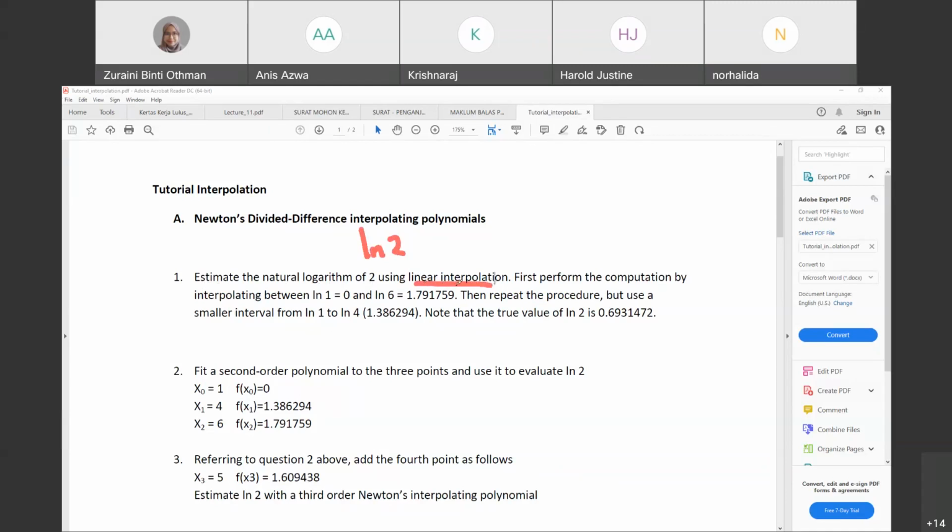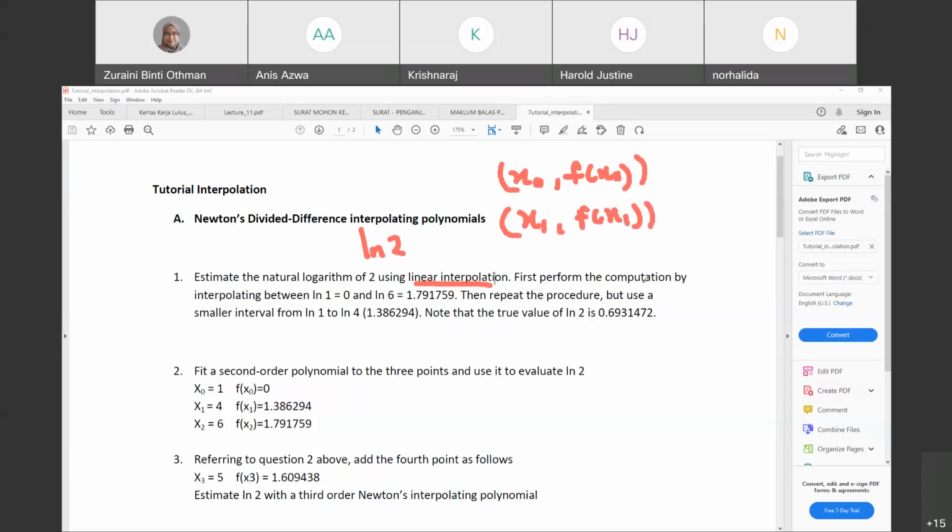If they said this is linear interpolation, meaning that to build it you have to have two data sets, which is x0, f(x0). Kita kena ada two sets of data, dah cukup untuk kita buat linear interpolation. So kita kena ada dua ni lah, satu set and this is the second set of data.